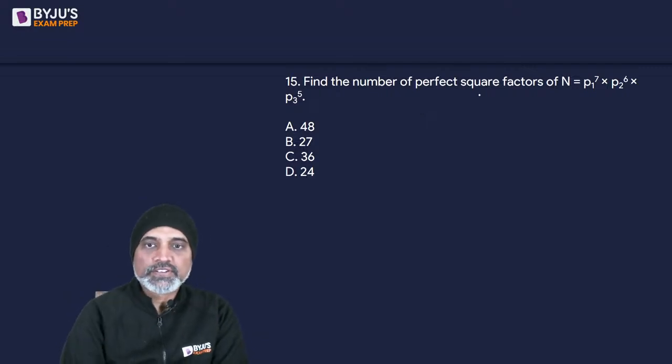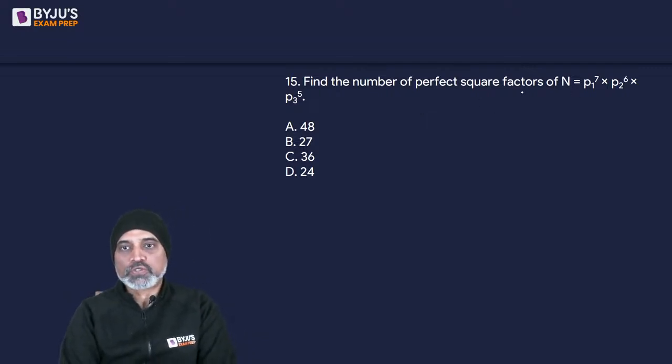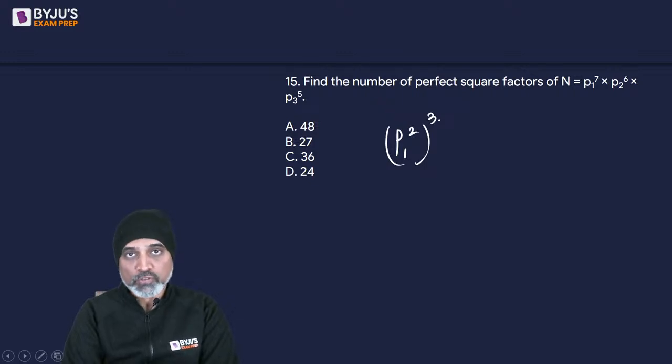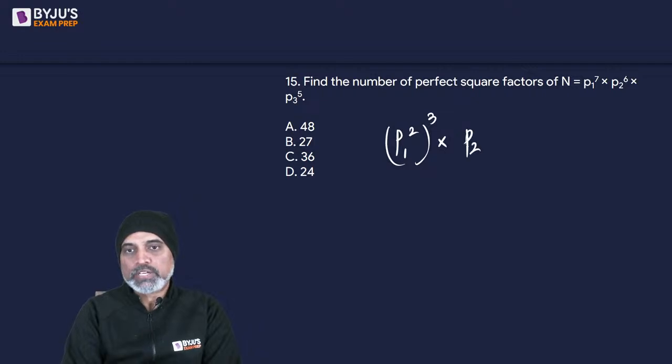Okay, next, find the number of perfect square factors of this. So what we can do is we can take p1 square whole to the power 3 because we have odd power 1, p1 is irrelevant. P2, again we can take p2 square whole to the power 3, and for p3 we can only take square.